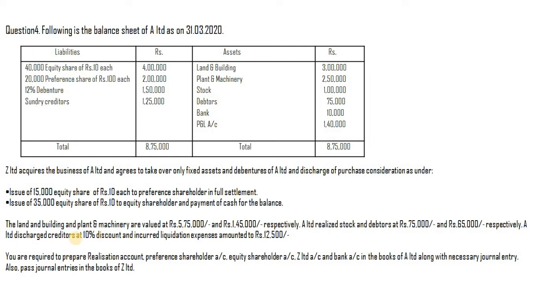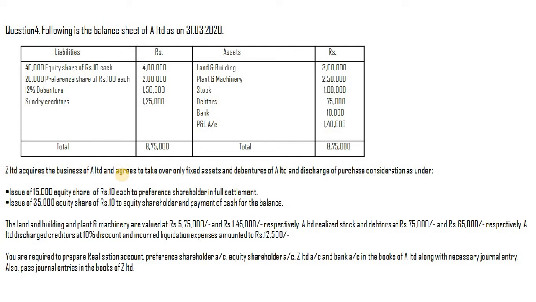Here in the first point itself, Z Limited is talking about acquiring the business, and they have an agreement. What is the agreement? Z Limited will take over only fixed assets and debentures of A Limited, right? I have found that in your homework, in the assets part, you all have included fixed assets and current assets as well.